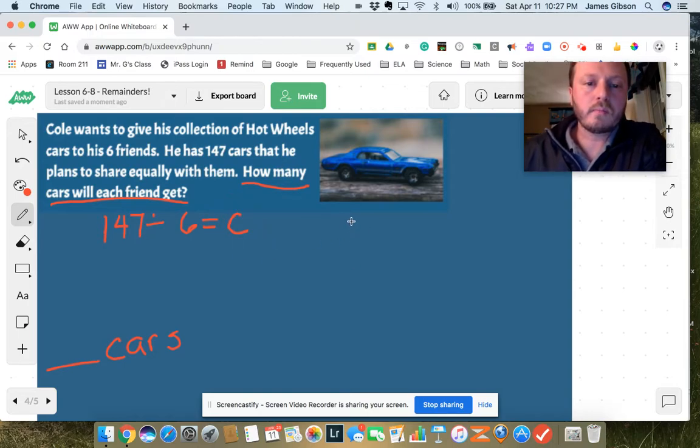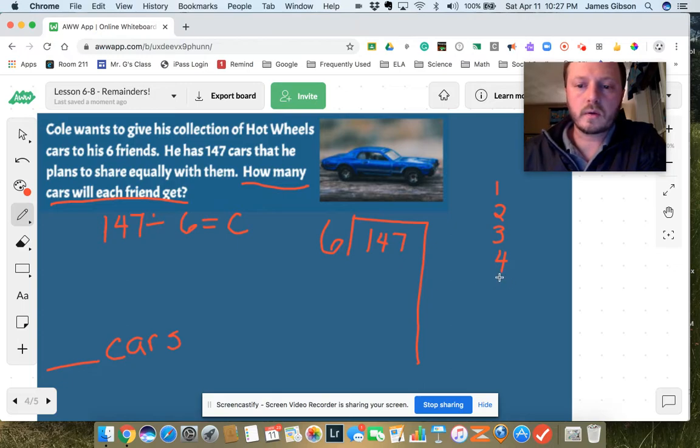And I'm going to build my problem like this. 147 divided by 6. So let's think about our multiples of 6, right? We can do this with facts we already know.